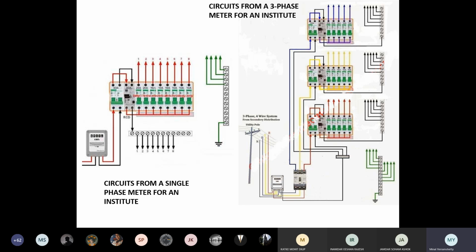Now what happens here is that once it enters your flat, it will go to the MDB, the main distribution box of 101, where again you will see all these small black switches, which are nothing but MCBs, miniature circuit breakers.